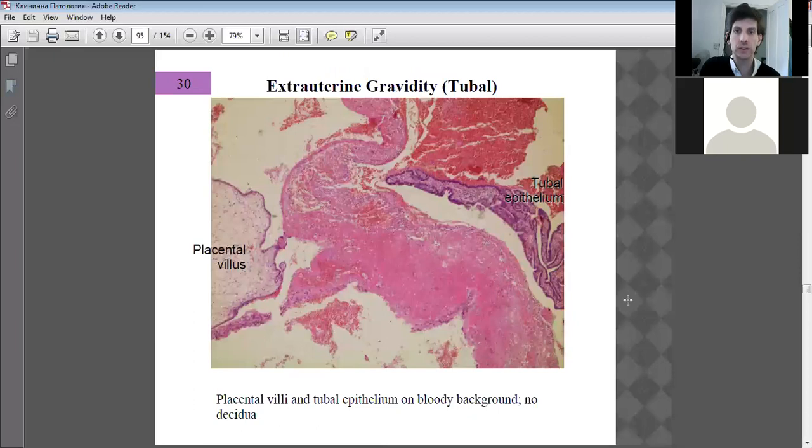Extrauterine gravidity, tubal epithelium. Let's have a look. Fairly normal epithelium there, uniform structure. Very nice there. Placental villus, let's see if there's any disruption.